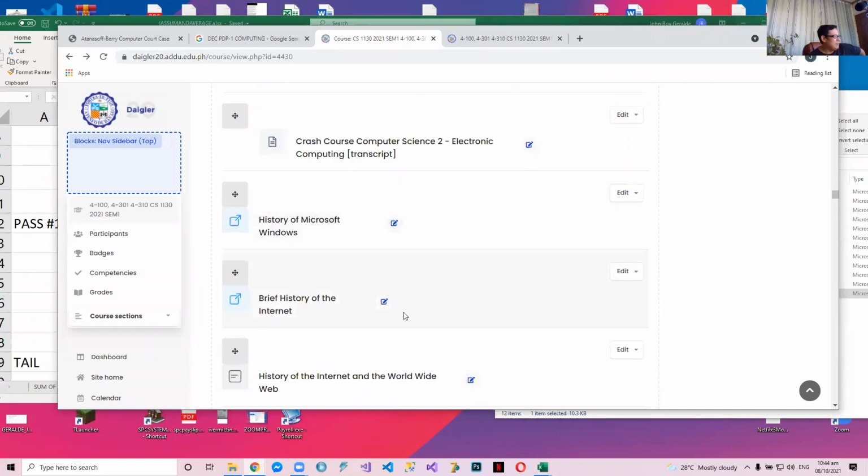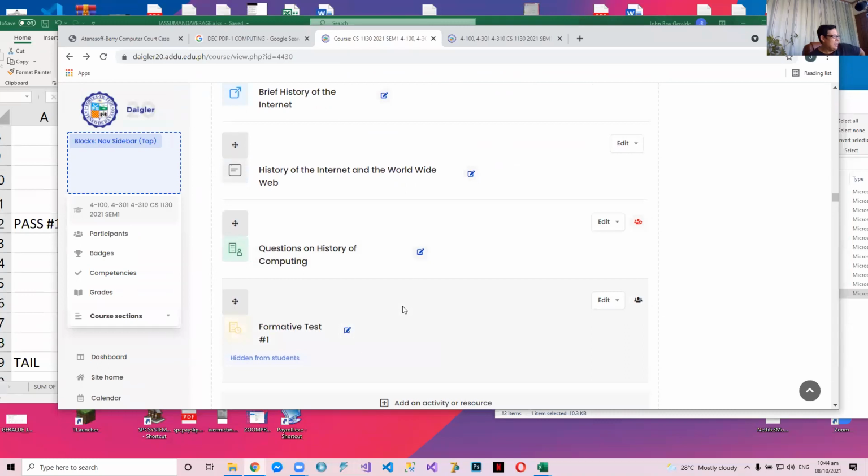And then we'll have a formative test. I'll give you a sample practice test by the end of August. So we have a third week to practice, and then the last week will be more or less the schedule of the first formative test.